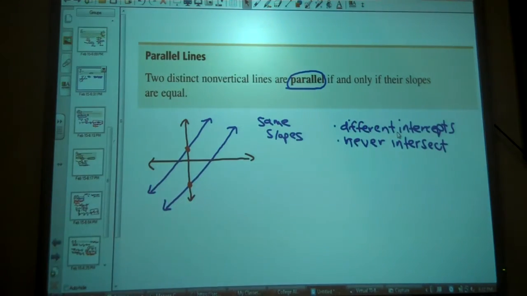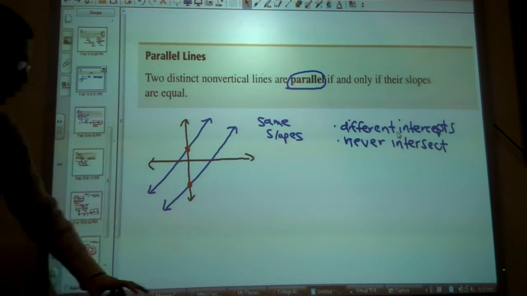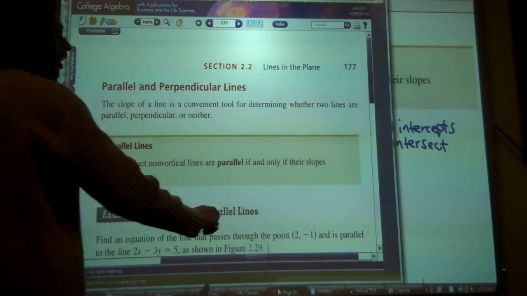Parallel lines, same slope. And then the other one is when the two lines meet in a right angle. That's called perpendicular lines.